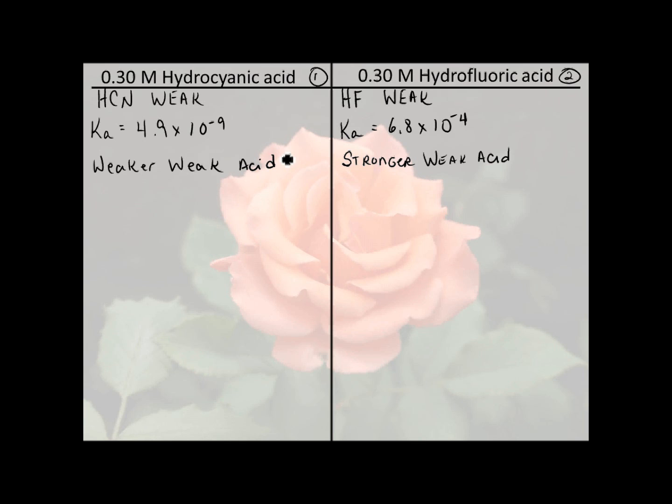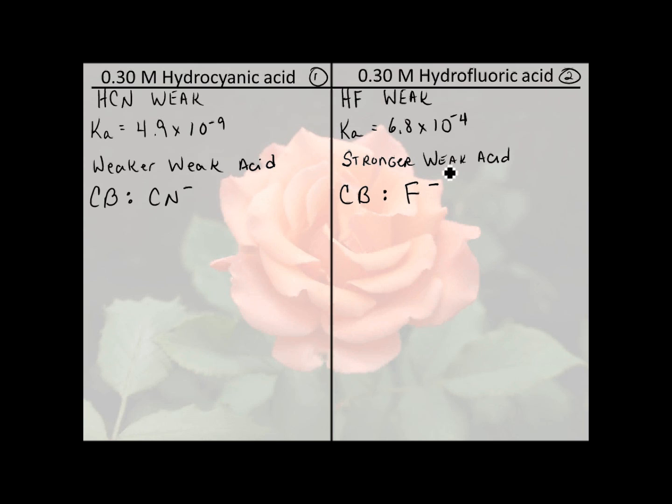Next, hydrocyanic acid. Write the formula for the conjugate base of hydrocyanic acid. The formula for the conjugate base is CN minus, and the formula for the conjugate base for the hydrofluoric is F minus.